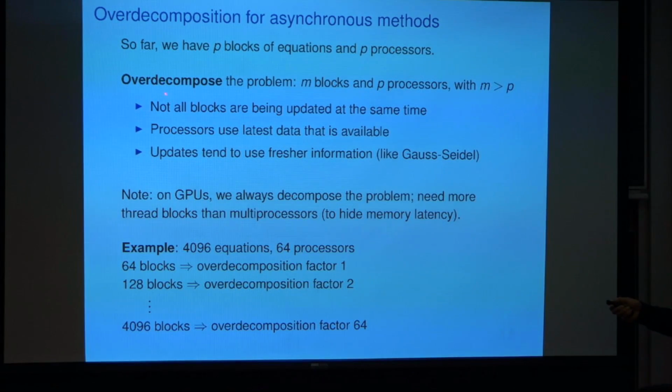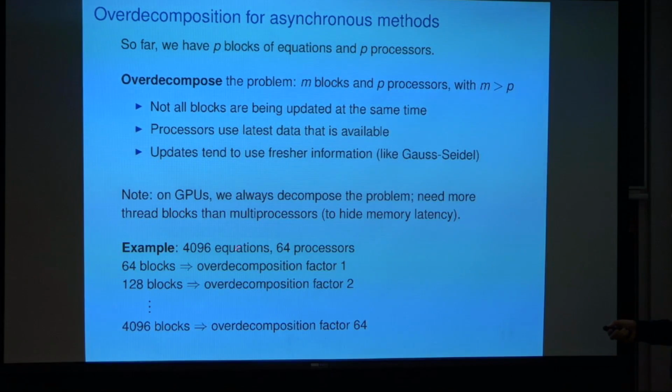This is also not an unusual situation because on GPUs, graphics processing units, we always have to decompose a problem into more blocks than processors, because the processor needs to move on to other blocks when it is waiting for memory to arrive. While I'm waiting for memory to arrive for a certain computation, I'm going to work on another block. This is how GPUs hide memory latency.